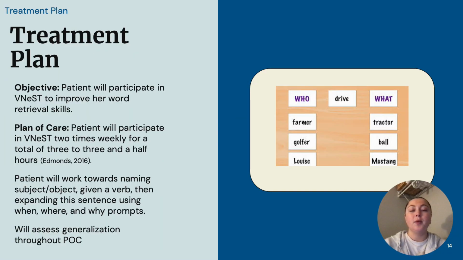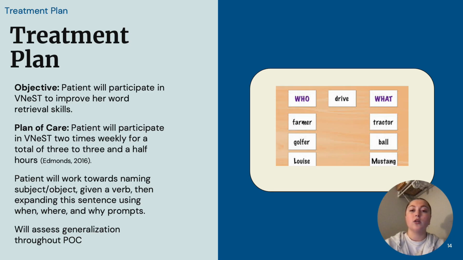I developed a treatment plan that implements VNest into treatment sessions for a patient who has word finding difficulties, and the patient would participate in VNest 2 times weekly for a total of 3 to 3.5 hours each week. This is supported by Edmonds' study in 2016.